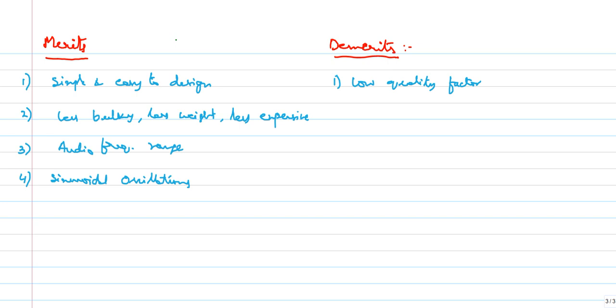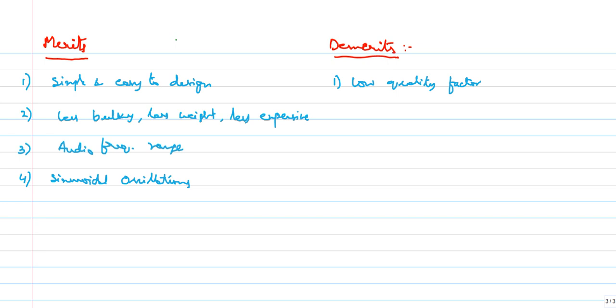If we keep on using the same elements, maybe resistors or capacitors, for a long time, definitely they will deteriorate and their parameter values will change. On top of that, if your system has a low quality factor, what will happen?